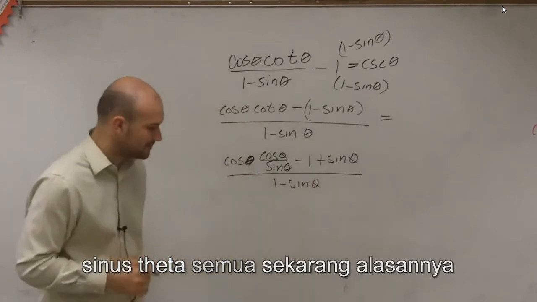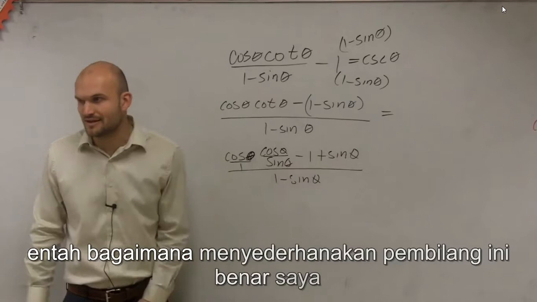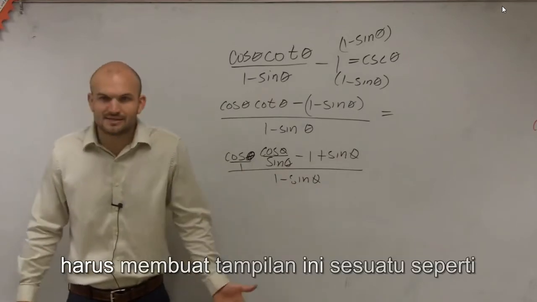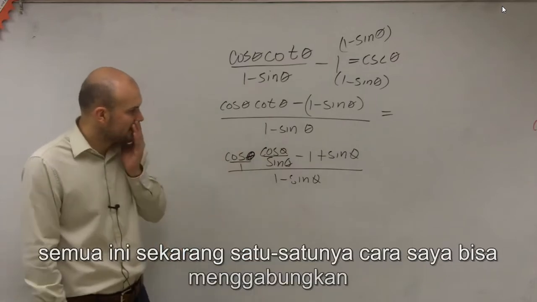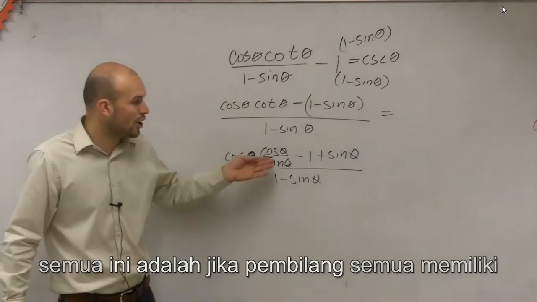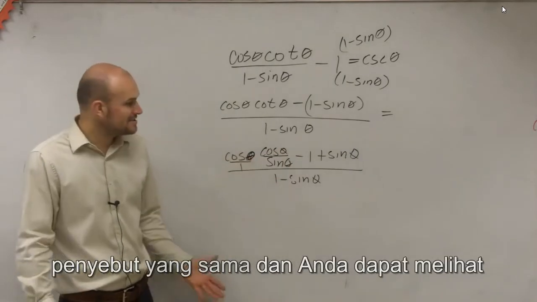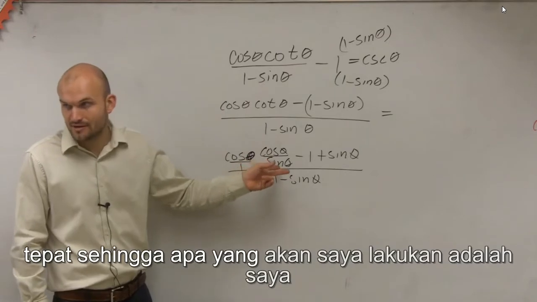All right. Now, the reason why I would do this is because I got to somehow simplify this numerator, right? I got to combine all of these. Now, the only way I can combine all of these is if the numerator all has the same denominator. And you can see the only denominator that I see is sine, right?